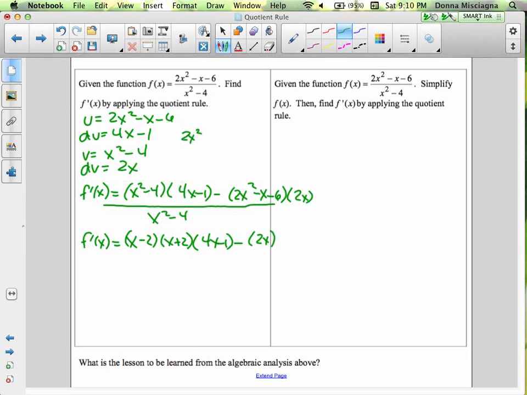So multiplies to give us negative 12, adds to give you negative 1, not negative 4, I meant to write negative 1, would be negative 4 and a 3. So 2x squared minus 4x plus 3x minus 6.